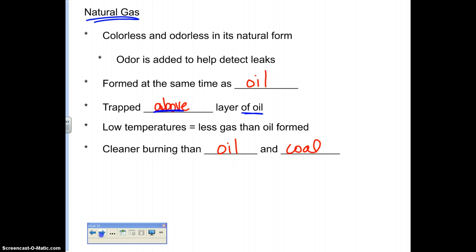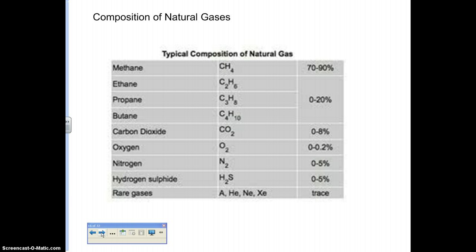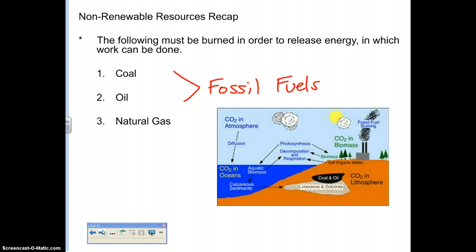At low temperatures, less gas than oil is formed. It is cleaner burning than oil and coal, but I never said anything about it not being a greenhouse gas. Here are some typical compositions of natural gases: methane, ethane, propane, butane, carbon dioxide, also oxygen, nitrogen, hydrogen sulfide, and some rare gases such as helium, neon, xenon.